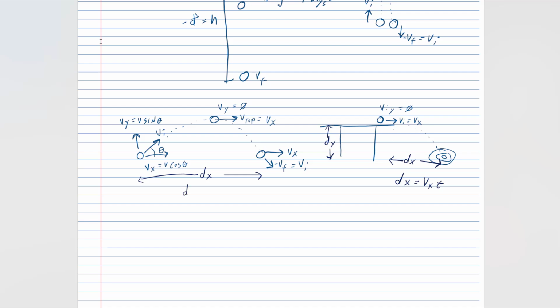And again, the distance in the x is going to be equal to the velocity, just the x component, times the time. Now for the entire trip, the distance in the y is going to be 0 because he starts on the ground and he ends up on the ground. But for half the trip, if we do half the trip, then this height is equal to the distance in the y, right?